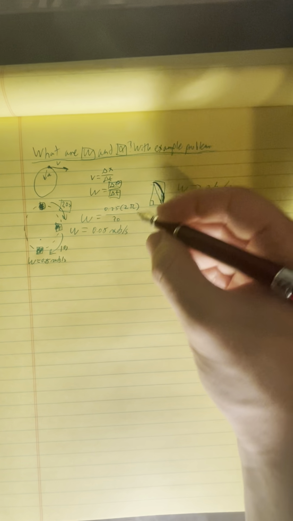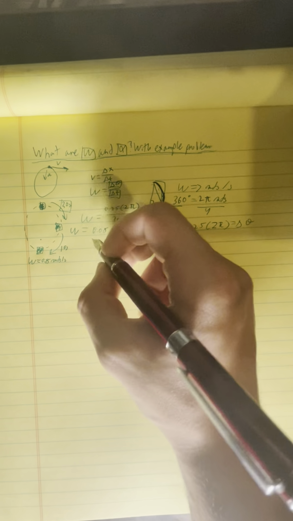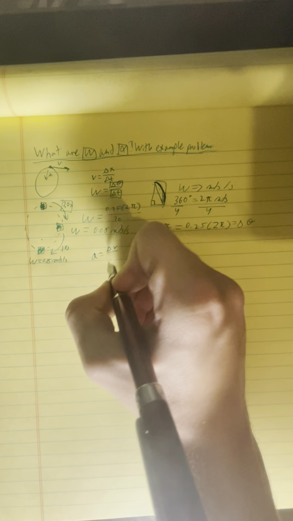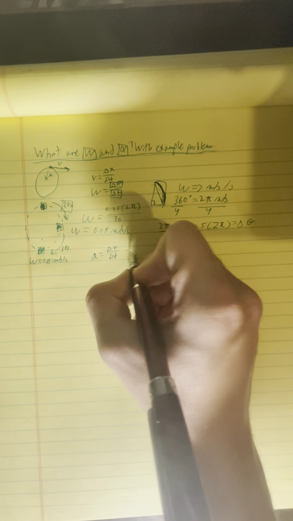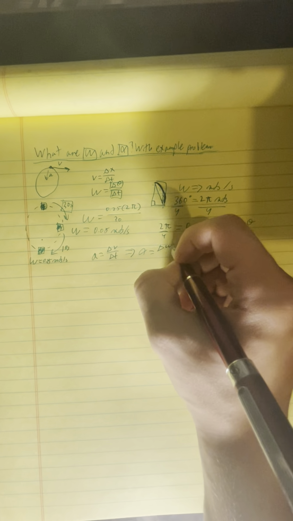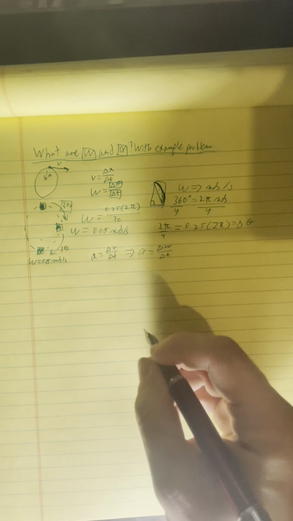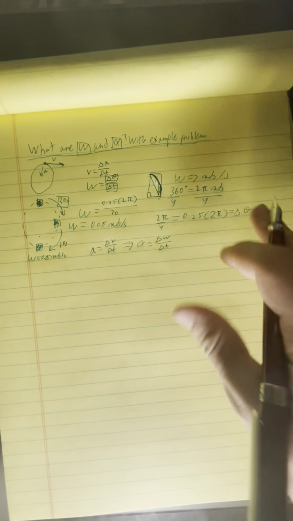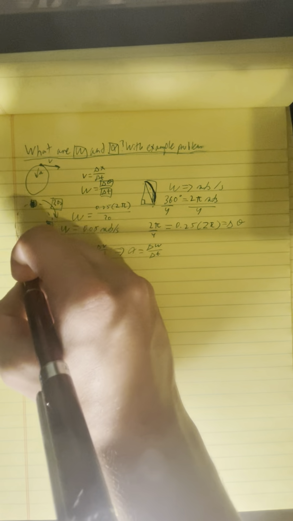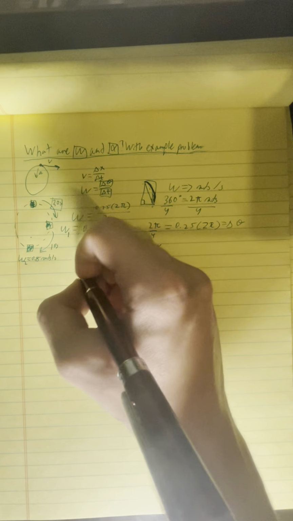So now we have to introduce lowercase alpha, or angular acceleration, into the equation. Just as acceleration is equal to change in velocity over time, angular acceleration is equal to change in angular velocity over time. And we can solve this very easily, like we would for acceleration. We have our second angular velocity here, and our first one right here.